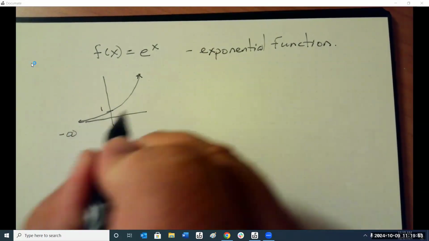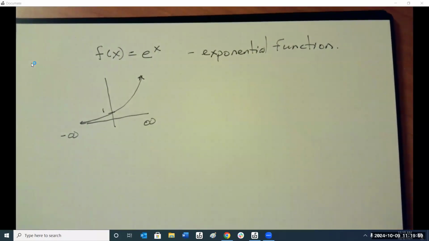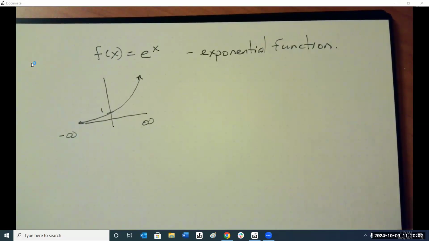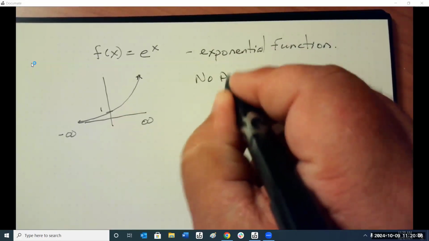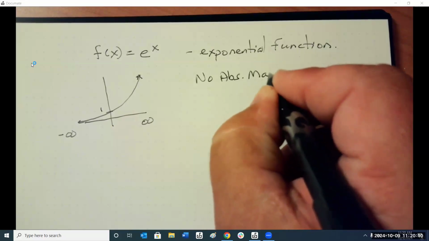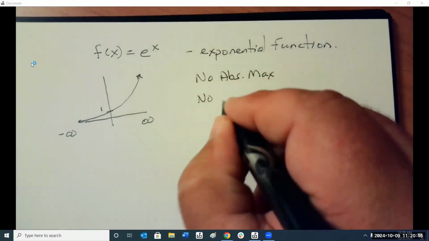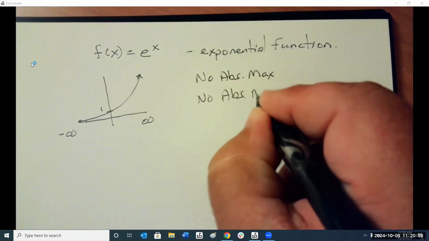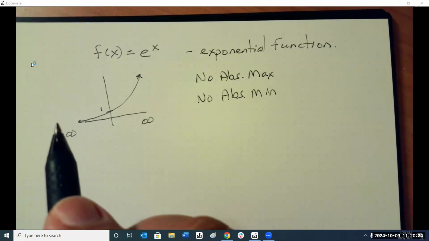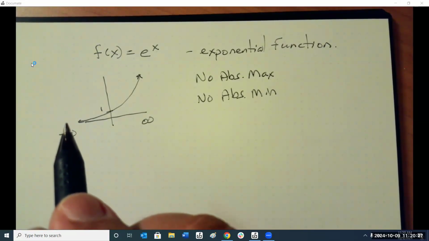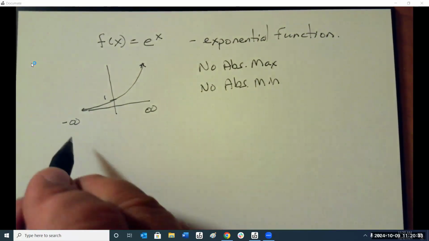It's from negative infinity to positive infinity. So does that one have an extreme value? There's no absolute maximum because it keeps on going higher and higher. And there's no absolute minimum because the graph keeps on getting lower and lower. It never gets to 0, but it gets infinitely close to 0. So those are the absolute values.